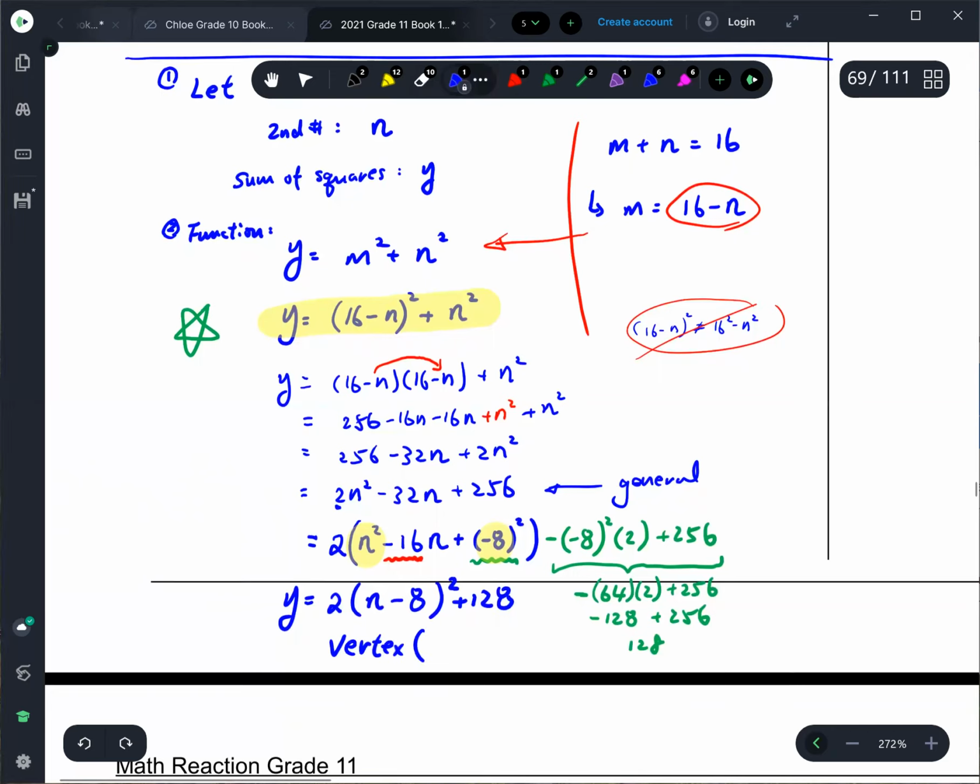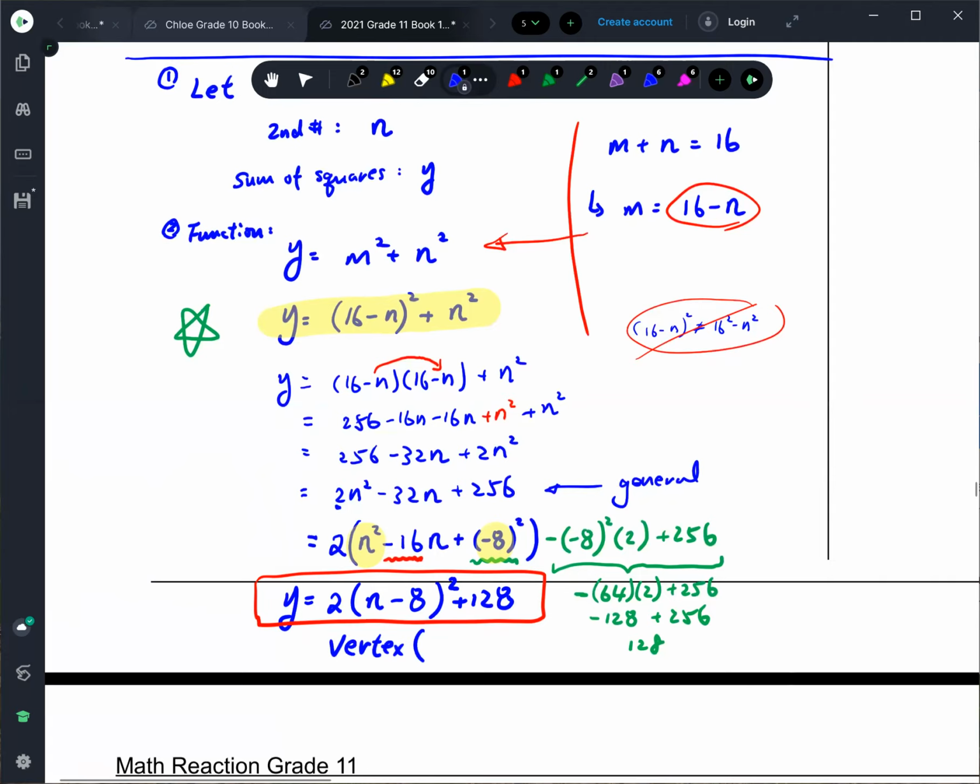So where is the vertex then, Naomi? Naomi, what's the vertex? I cannot hear you.